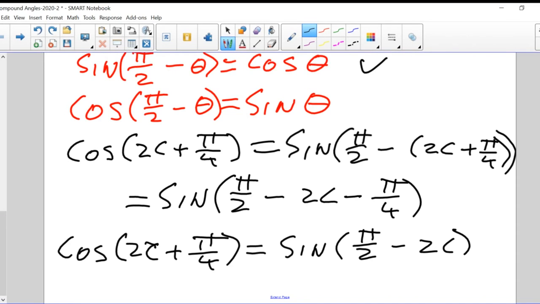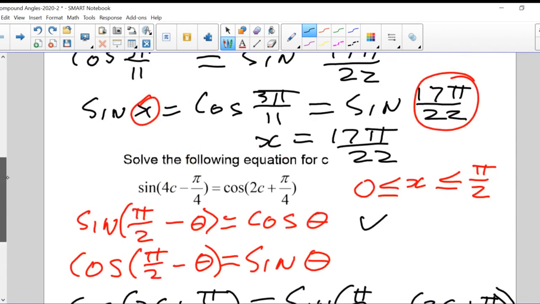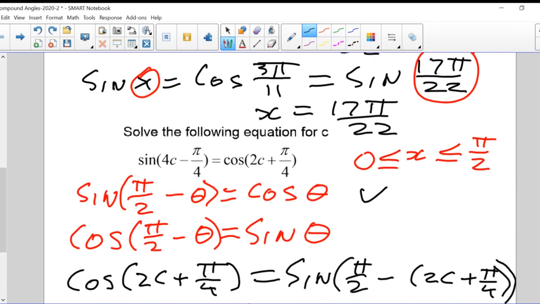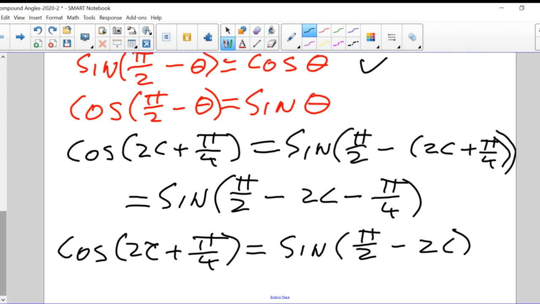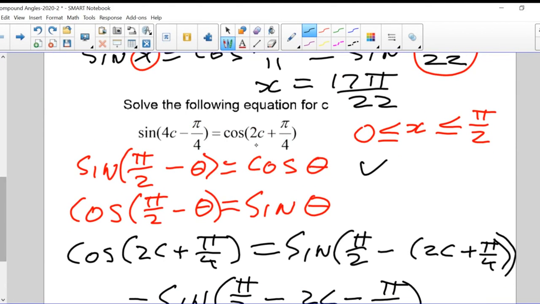Now, I want you to remember what they told us in the first place, that this cosine of 2c plus pi over 4 was equal to the sine of 4c minus pi over 4. So we just changed the cosine into a sine. Since originally this was the cosine of 2c plus pi over 4, that's also equal to the sine of 4c minus pi over 4.